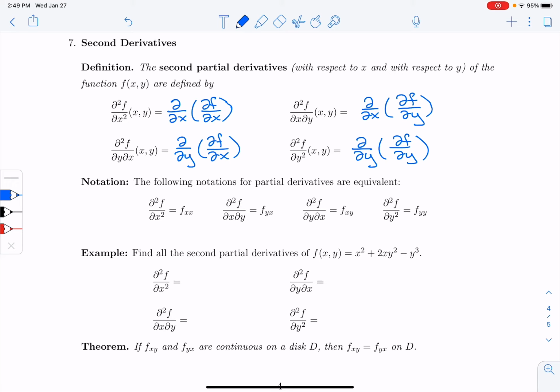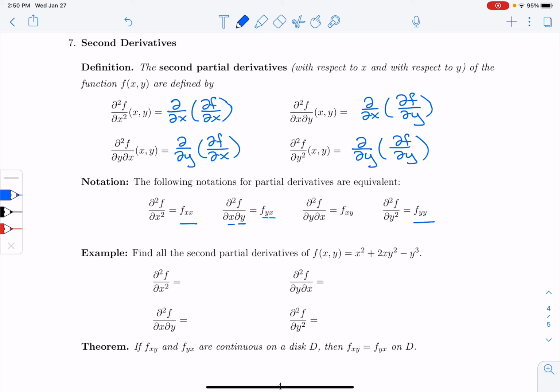So the second derivative with respect to x is f sub xx. The second derivative with respect to y is f sub yy. Now, if I want to take the y derivative first and then the x derivative, I write f sub yx, which I know is a little confusing, right? Because here y was the inside variable and x was the outside variable. But in fact, when we do this notation, we write f sub yx.